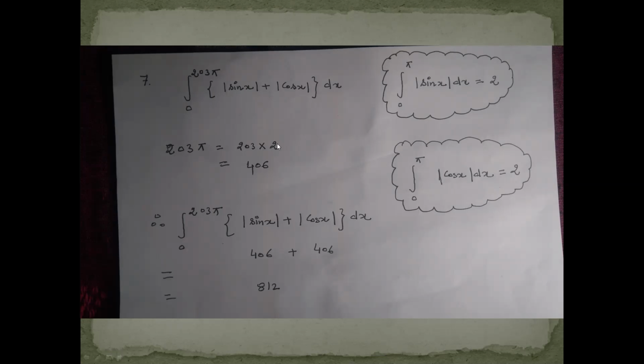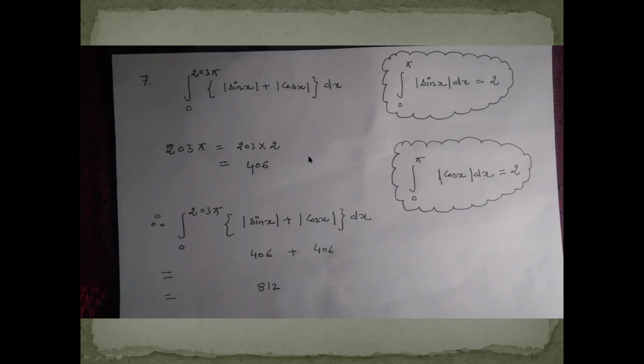We are taking the value of pi as 2. This is equal to 406. This is only for modulus of sine x. Likewise, for modulus of cos x, this will also take the same value. That means 406 plus 406, so the answer is 812.